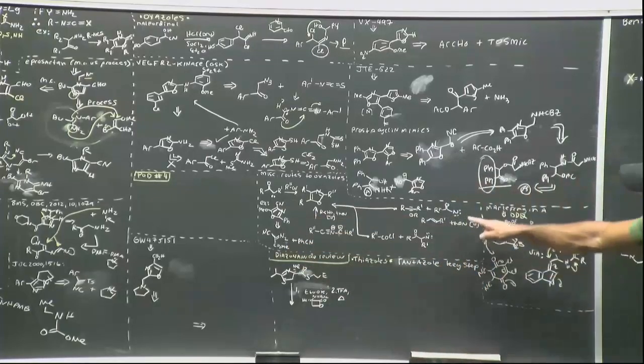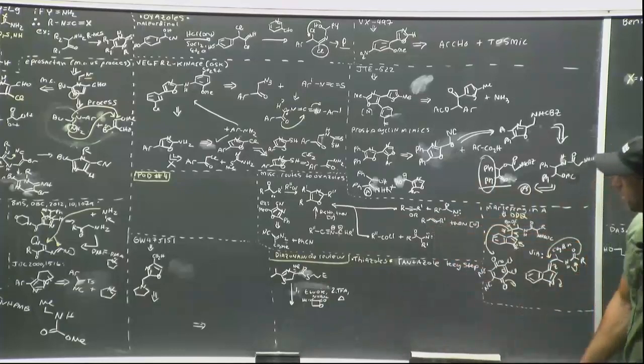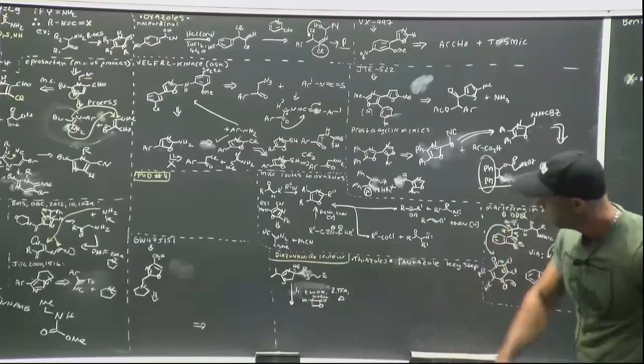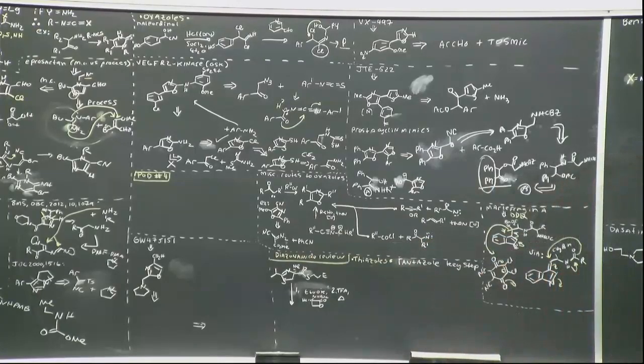You can use nitrenes with alkynes and olefins, and nitrenes, alpha-azo carbonyl, plus an acid chloride will also give you the product. I have yet to see anybody in medchem use these methods. But if I don't show them to you, then years from now, you'll send me hate mail. So they exist in the literature. There's hundreds of papers in this topic. You still see them coming up every day in Org Lett, a variation on that theme. So it's there for the sake of being complete.